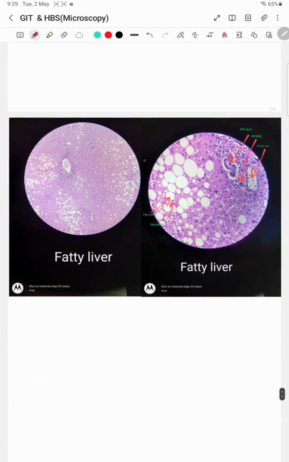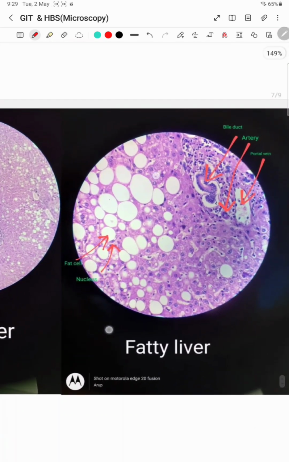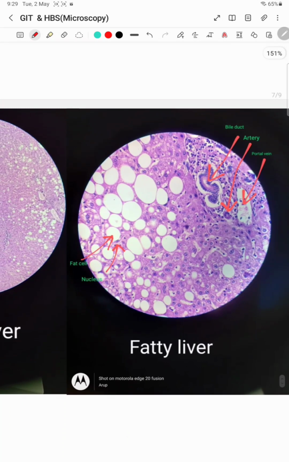This is also fatty liver, and here you can see the bile duct, the artery, the portal vein, and the fat cells, and here you can see the nucleus.